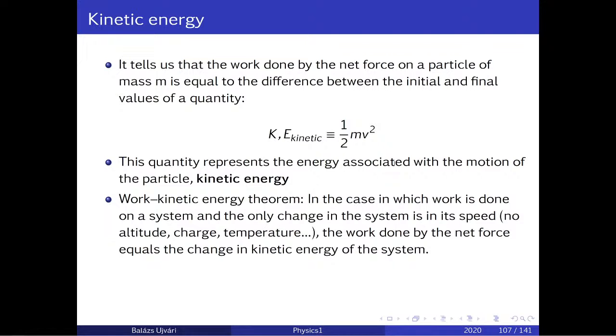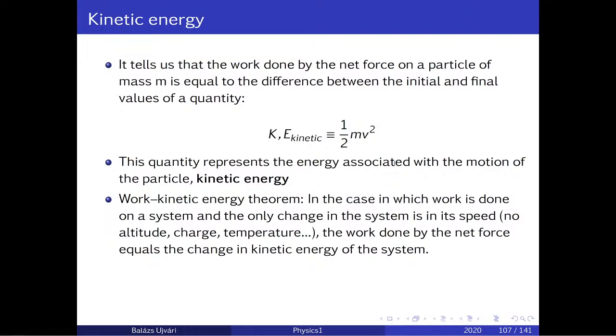Sometimes we use the capital K for kinetic energy. So the kinetic energy is not an observation. You can derive it from the definition of the work and Newton's famous F equals m times a. So the work is something that changes this formula, and this is the kinetic energy.